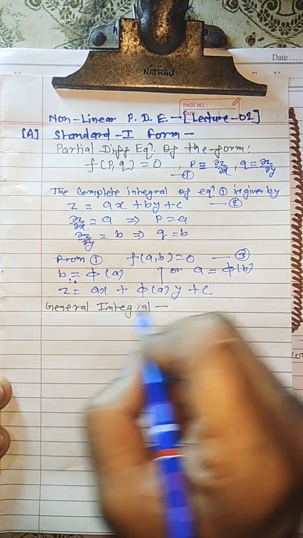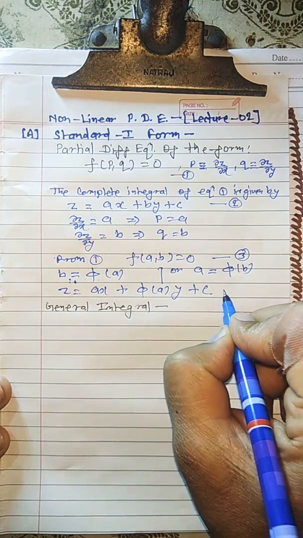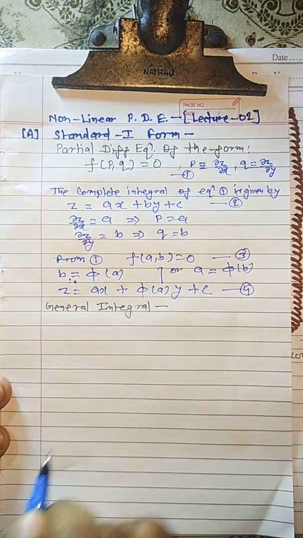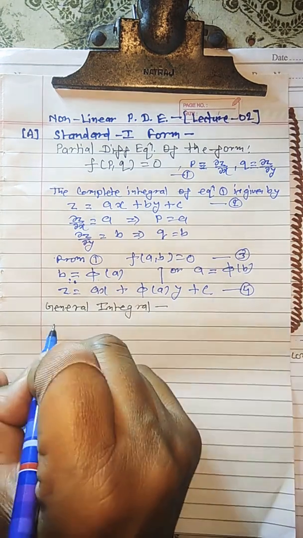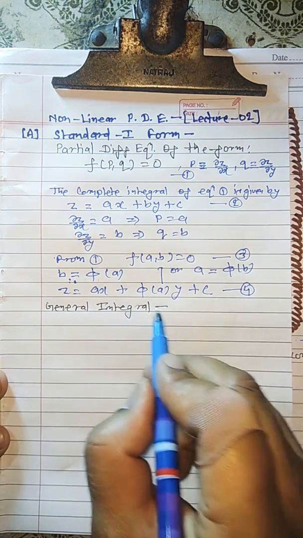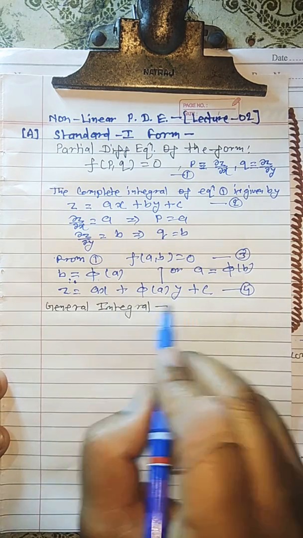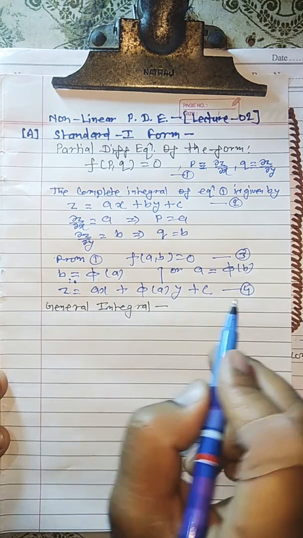Suppose this is equation number 4. Here, in the equation, there are two arbitrary constants a and c.